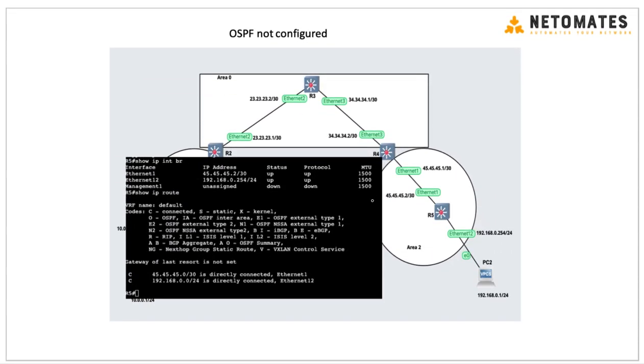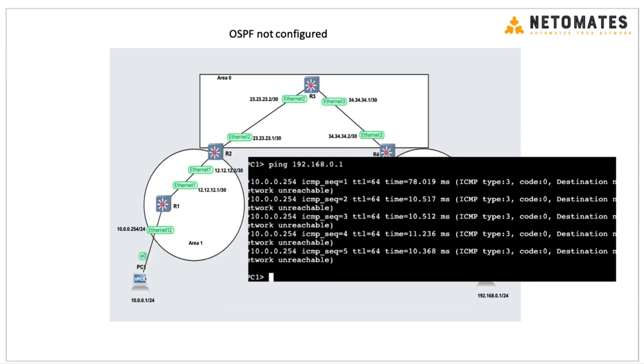Similarly, R5 has one link to the PC with a /24, 192.168.0.0, and another link to R4, which is 45.45.45.0. So far in this topology, all the routers only know their connected routes. R5 does not know about the 34 or 23 networks or the 10 network.